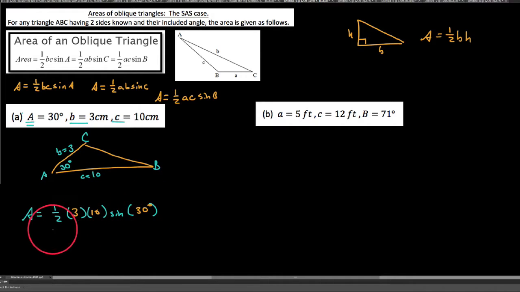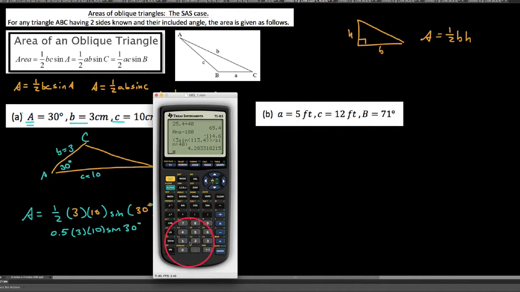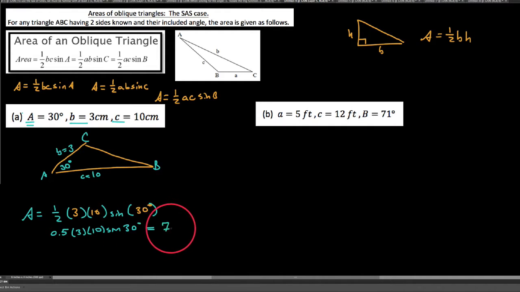To evaluate this, getting a decimal, we could put this as 0.5 times 3 times 10 times the sine of 30 degrees. Let's get our calculators here. Evaluating this, 0.5 times 3 times 10 times the sine of 30 degrees, we get 7.5. So we write equals 7.5.